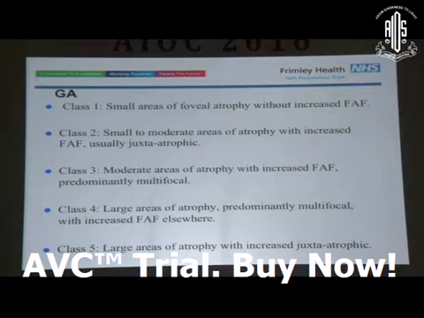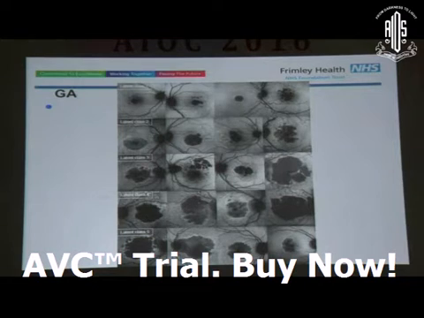And class 5 would be large areas of atrophy with increased juxta-atrophy. Now looking at that in a pictorial fashion, this is what you see in the different classes. Like I said, it gives you a really good idea about the different patterns of geographic atrophy and how that will go forward in the progression of the disease.